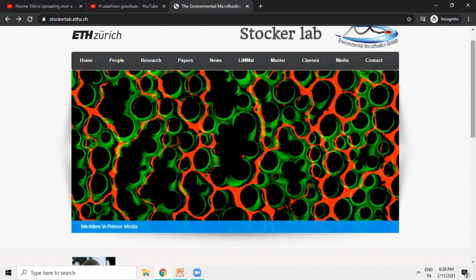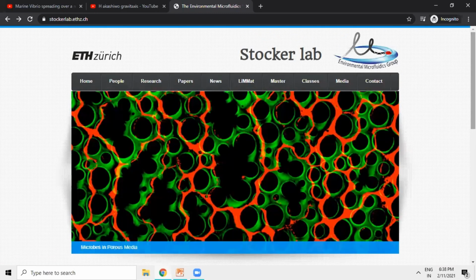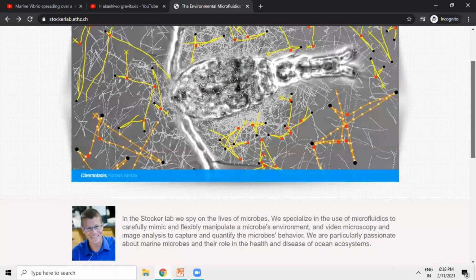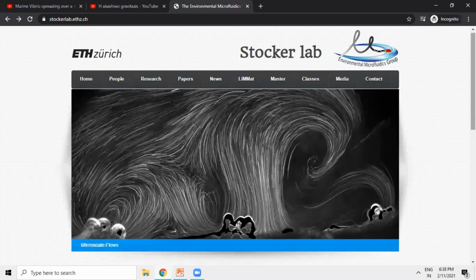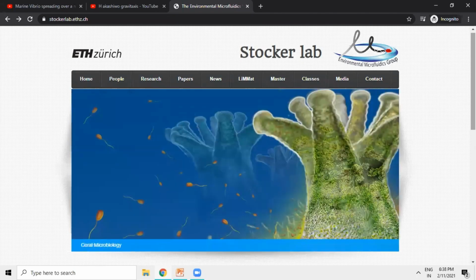That's why I'm suggesting that you can have a look into his profile, where he has been working extensively on marine microbes, trying to look at how the waves created by the organisms attract the prey, and how the mortality of the microbes happens in the open sea, right?